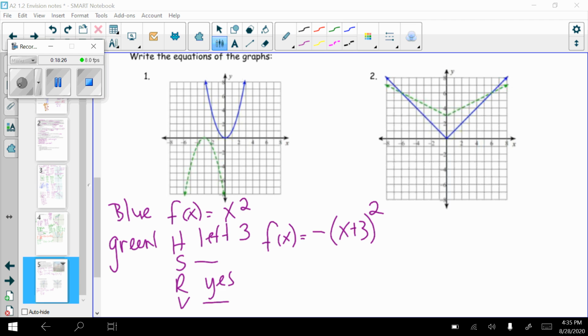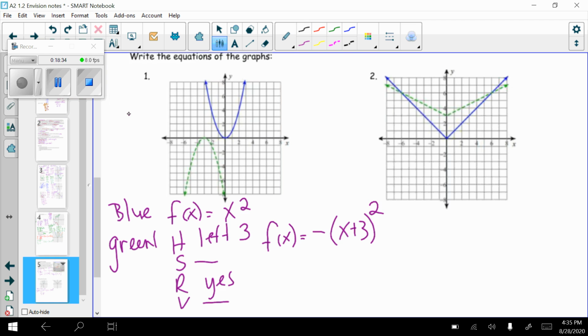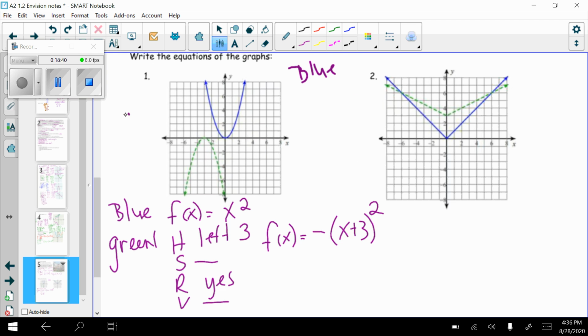Okay, so now we're going to look at the next example. We will look at the blue one. Again, we see that it is an absolute value. Okay, so the blue absolute value, let's check our x, y.